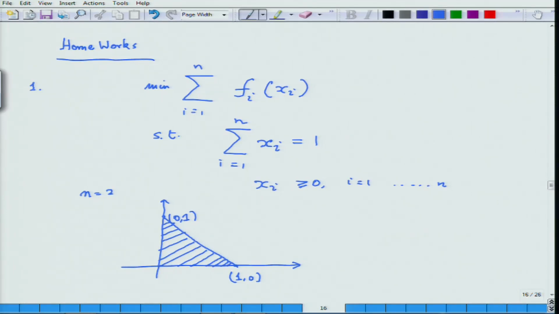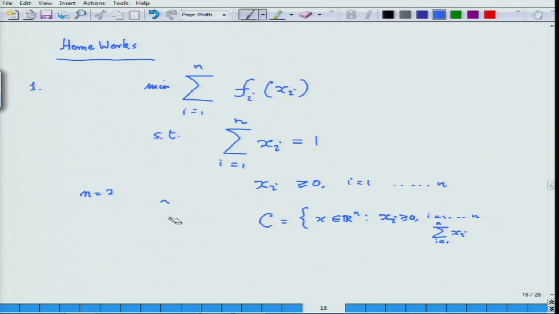The interesting fact now is, how do we start solving this problem? Possibly we would assume that there is a solution. How will you first assume that there is a solution? Now, the feasible set here, the set C, is all x in R^n for which all the components are non-negative, that is, in R^n_+, and oh sorry, I made a mistake, such that the sum is less than or equal to 1.